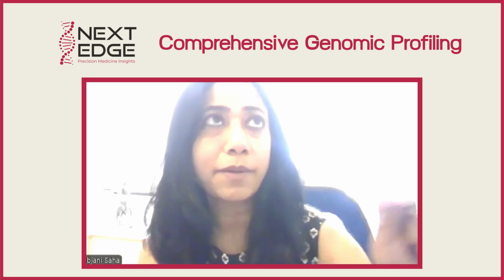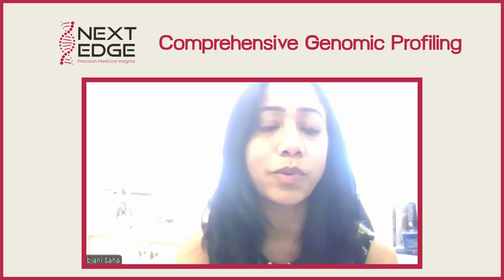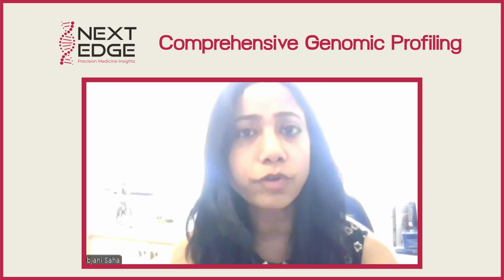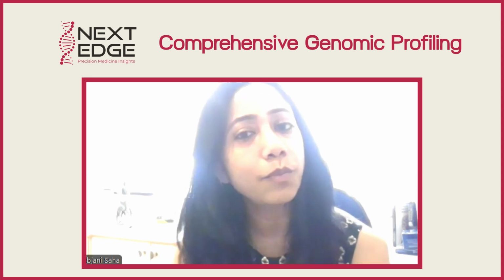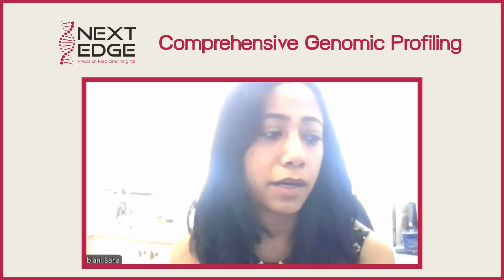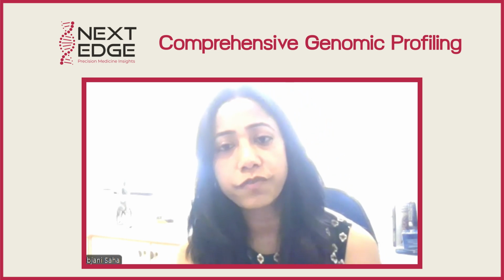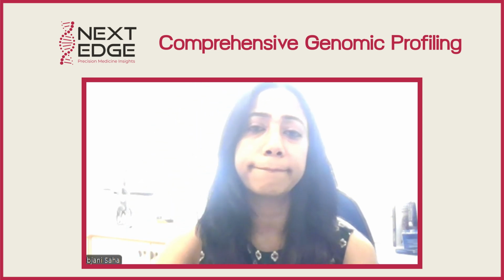Second, whatever signatures manual analysis can miss out, they can flag out those signatures and help in understanding the context of the mutation, because mutation A in patient X can mean something, in patient Y can mean something else based on the context. So these algorithms can really help the clinician take the decision faster and in a better, more informed way.